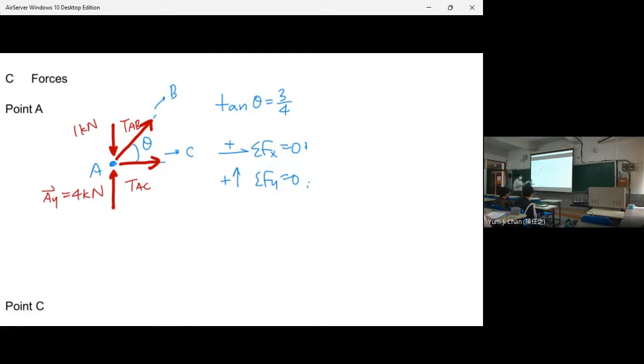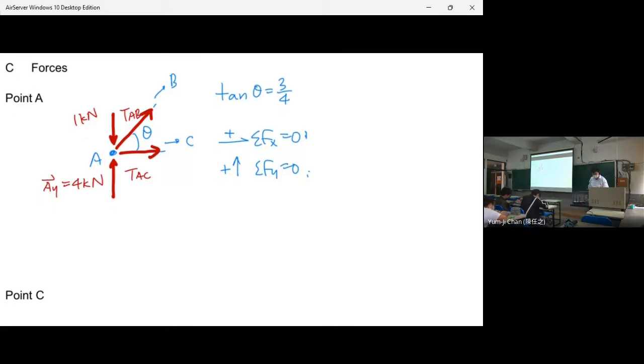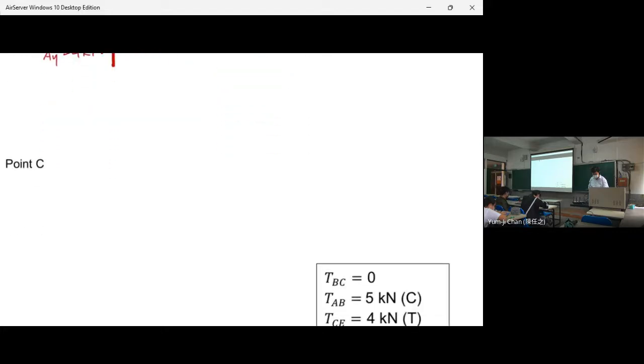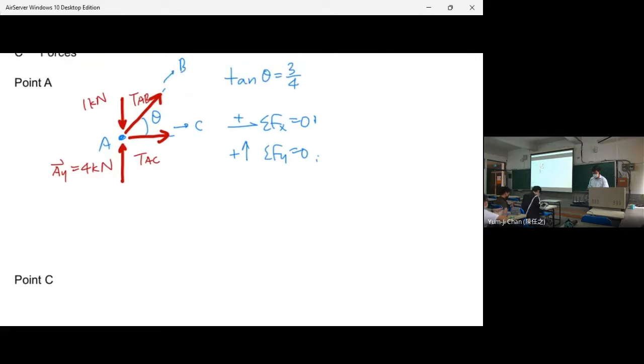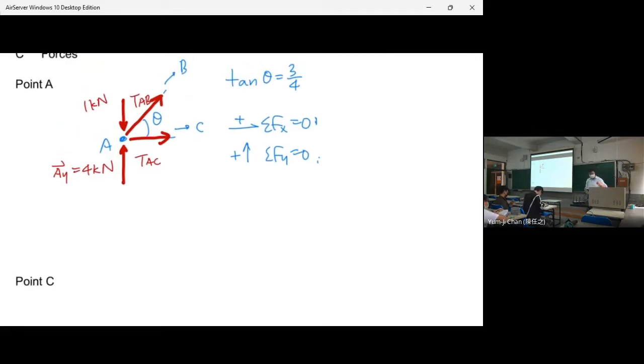Next we have point C. Anybody wants to? I'll draw point C here. For joint C, which members are connected to joint C? We have AC, BC, and CE.